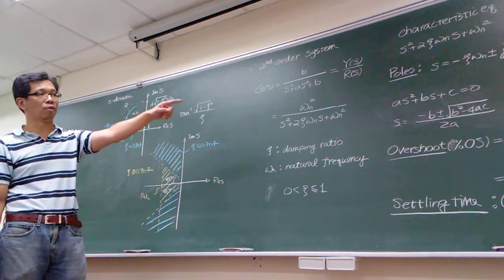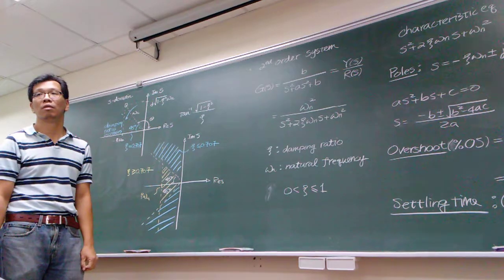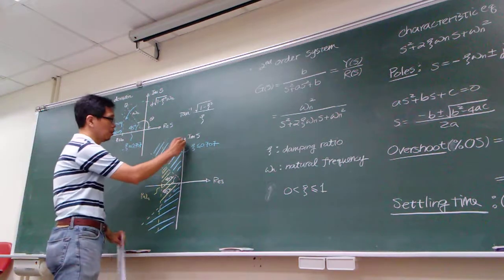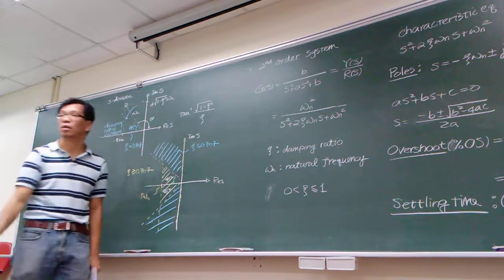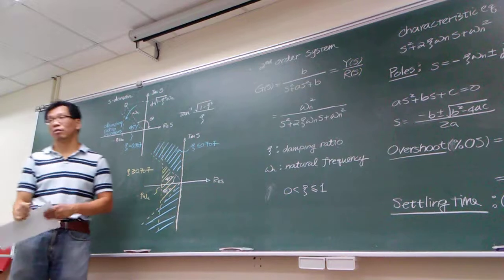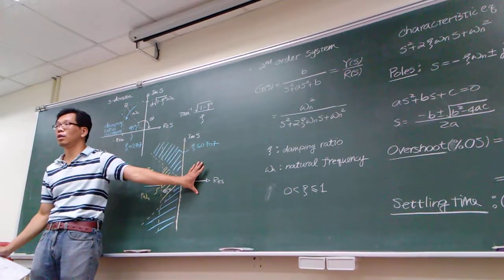Take a look at the poles. Imaginary axis. It's going to be over here. Right? Okay. Next question.